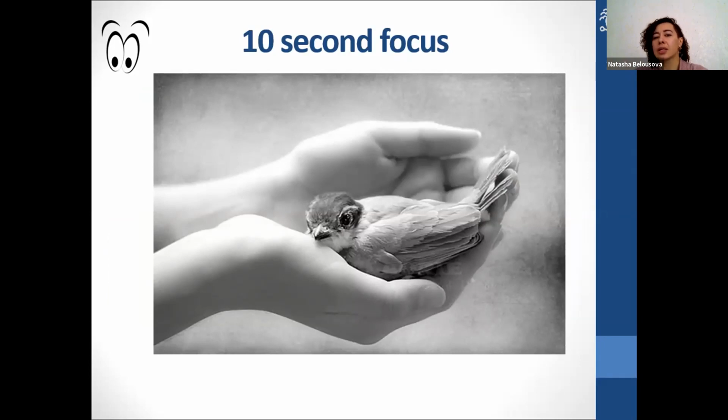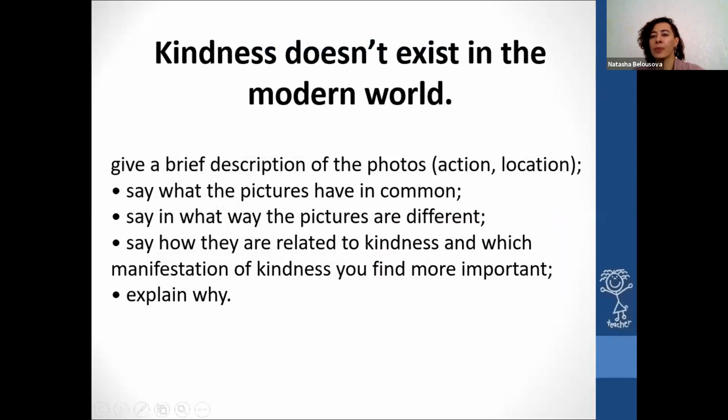The task which could also extend this activity is this one, yeah? So as I said, first you could formulate the topic for a future essay if you like: kindness doesn't exist in the modern world, a statement.